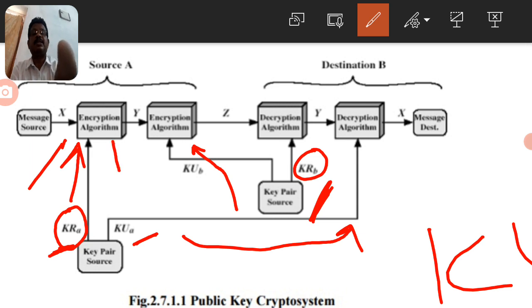Here X is the source message. The source message X is encrypted with the help of the private key KRA.